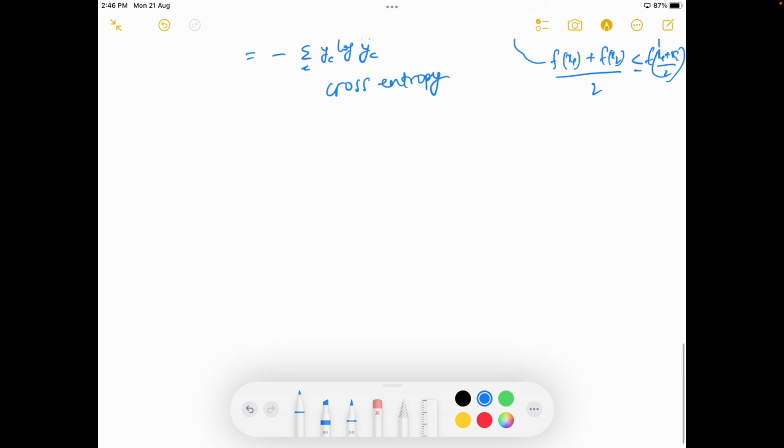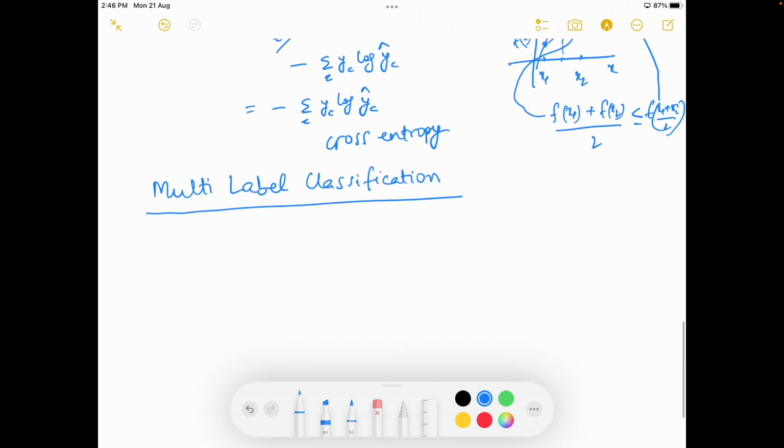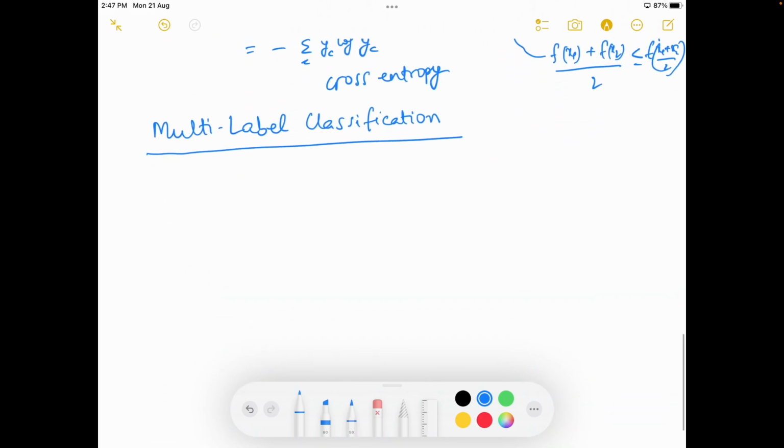I'll come back to this, but first let me go to multi-label classification. So what is multi-label classification? Here every label can have a value 0 or 1.